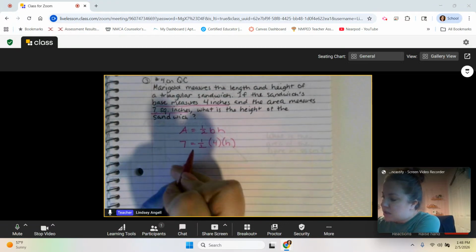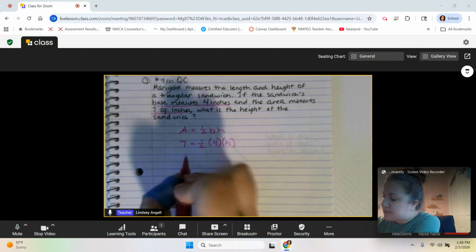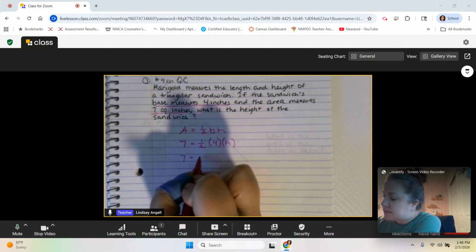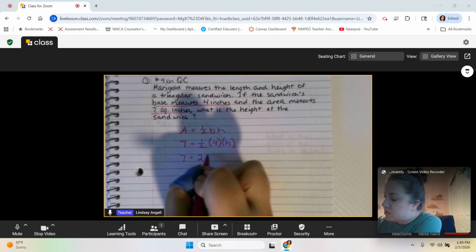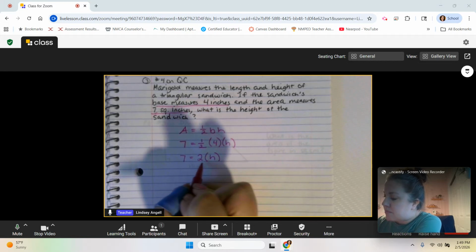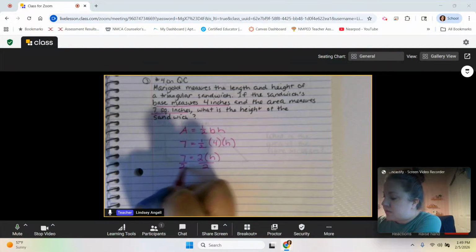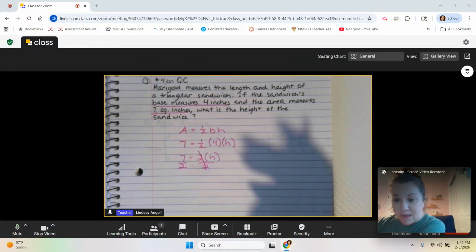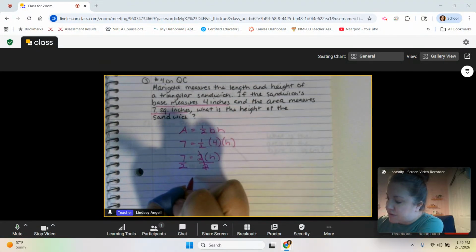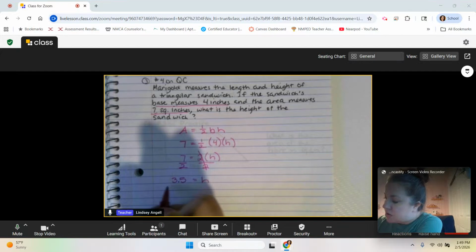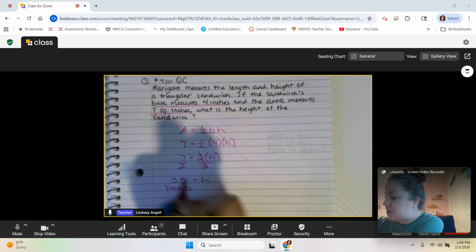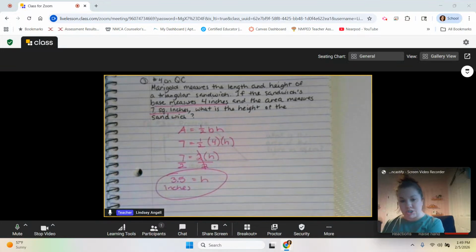We can do 1/2 times 4, so 7 equals, and half of 4 is 2 times the height. Divide by 2, because I'm trying to get the height by itself. So the height is equal to half of 7, which is 3.5. So the height of the sandwich would be 3.5 inches.